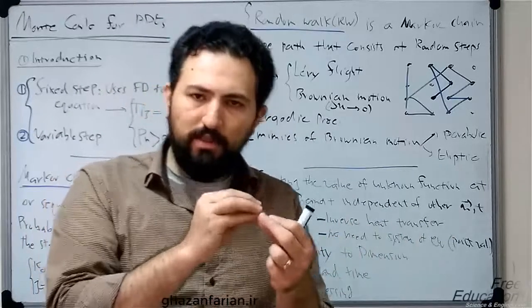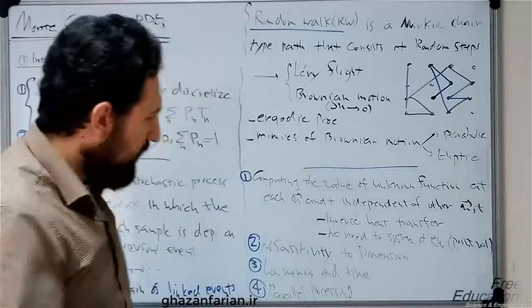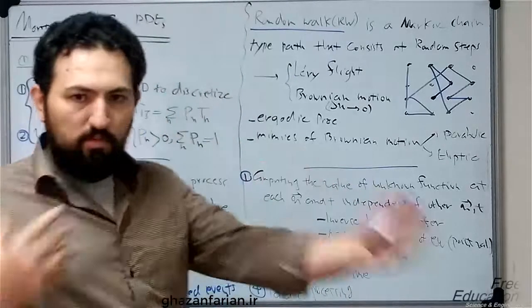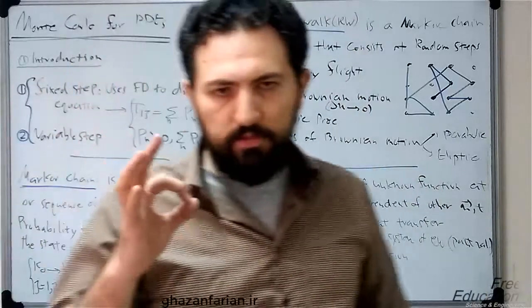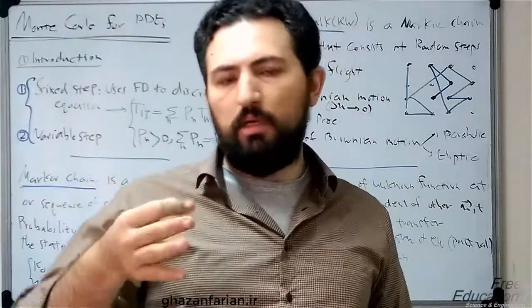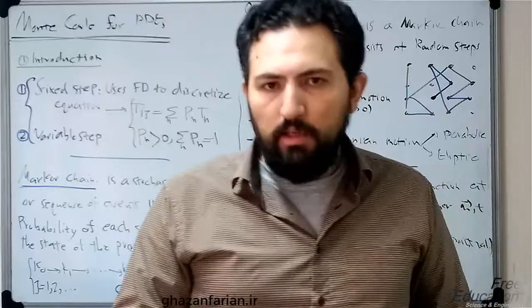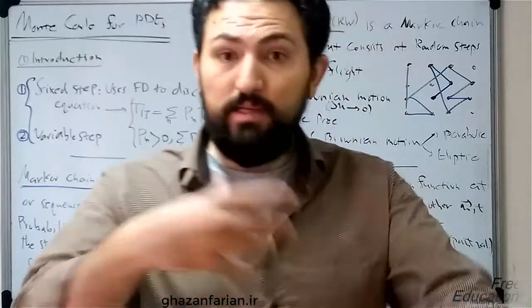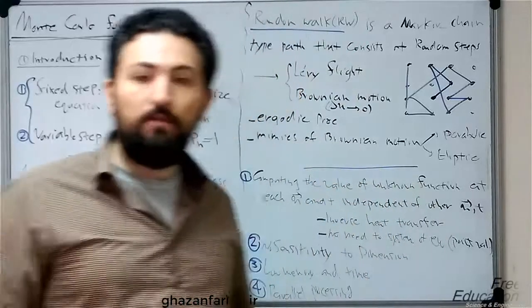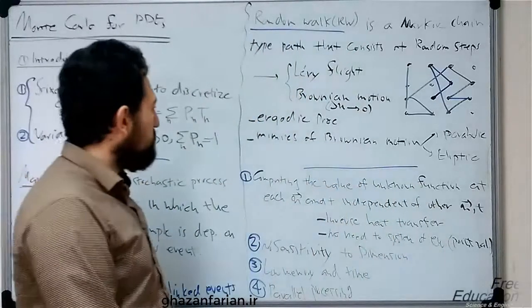So you can see the Brownian motion here. If you inject, for example, a drop of ink into the water, you can see the Brownian motion, or the random motion of water particles.